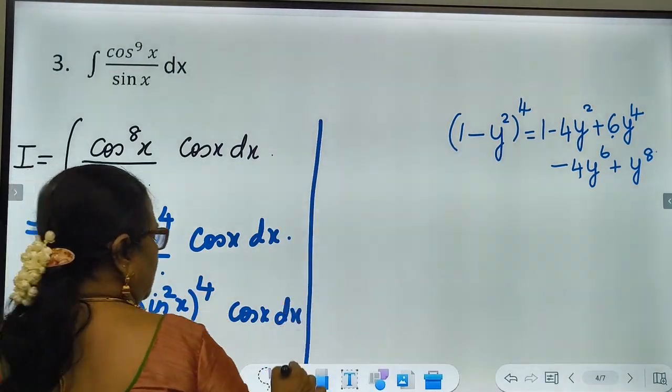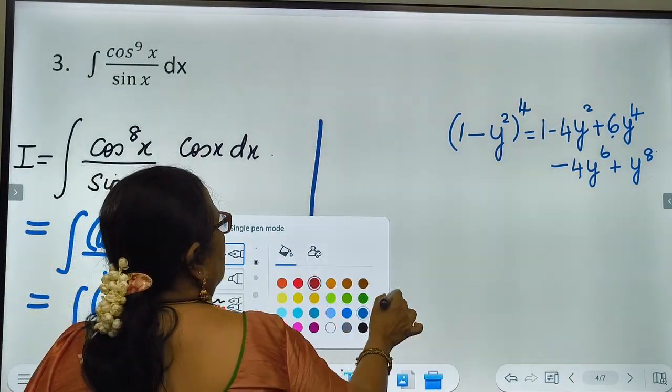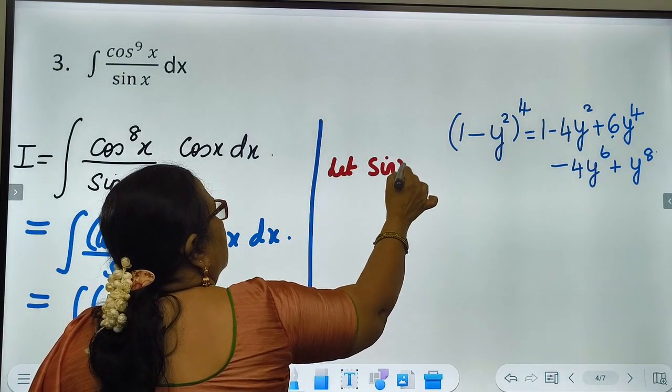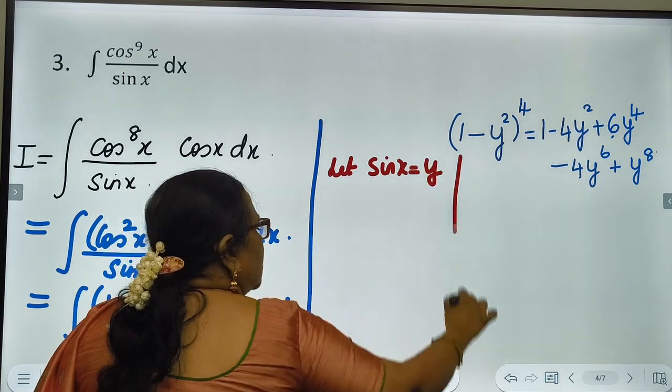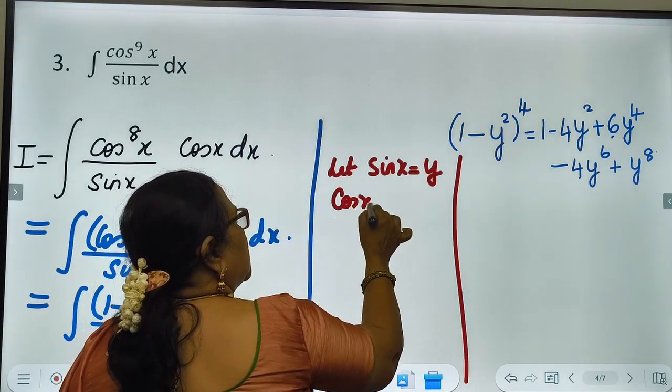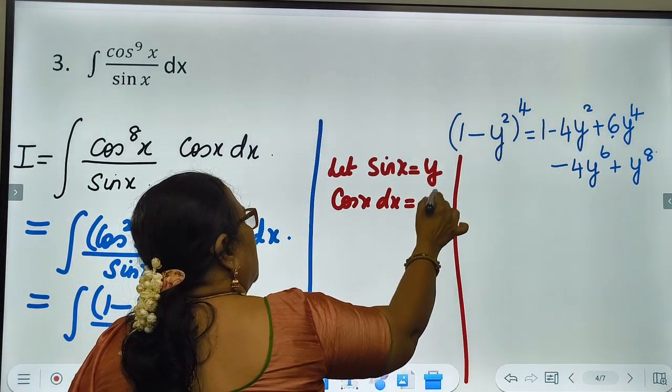Now let sin x be y. If I put sin x as y, cos x dx equals dy.